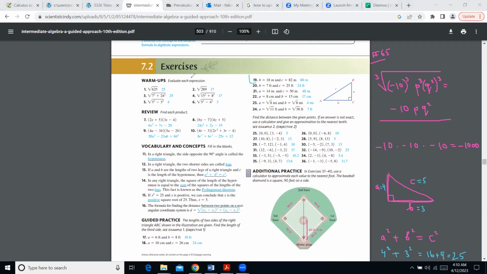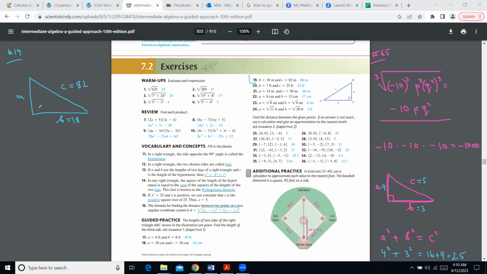Exercise 19 says you're given the sides B and C. So why don't I produce a picture? And it turns out we always call these sides A, B, and hypotenuse C. So they tell us that B is equal to 18 and the hypotenuse C is equal to 82.